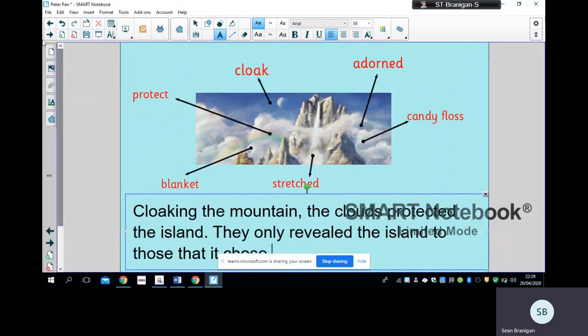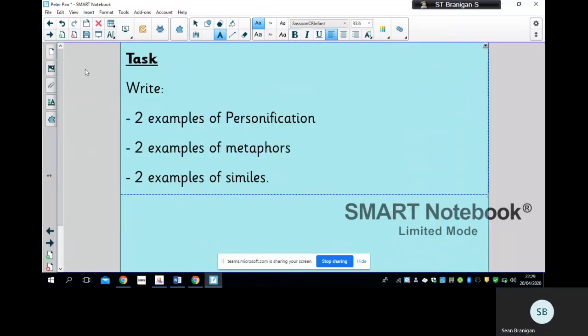So I've given you some examples now, children. So I'm going to set you off on your task. Your task, which will be set as a to-do in Purple Mash again, is to write 2 examples of personification, 2 examples of metaphors and 2 examples of similes.